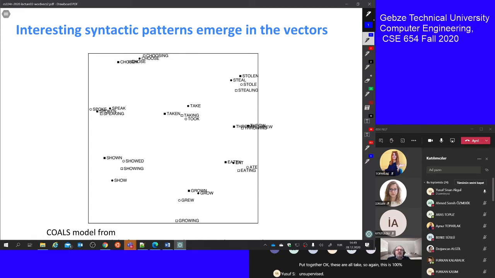By looking at the words only in a large data set, I could say that take and taken, stole and stolen and steal and stealing are close to each other. So it learns these syntactic relations in an unsupervised way.